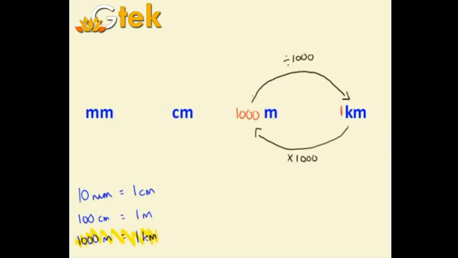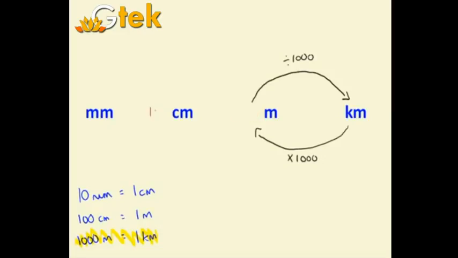So this is the basic idea between converting meter to kilometer and kilometer to meter. 1 kilometer is equivalent to 1000 meter, and 1000 meter is equivalent to 1 kilometer. So we have to divide to convert from meter to kilometer, and we have to multiply to convert from kilometer to meter.